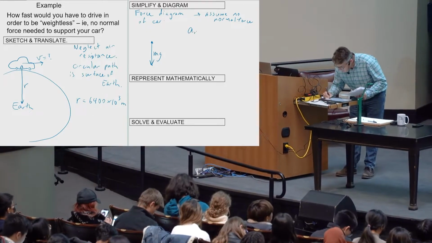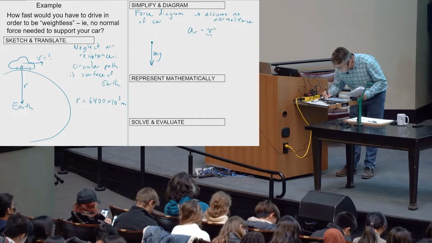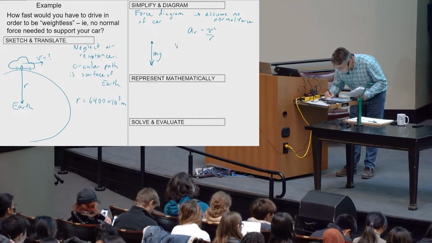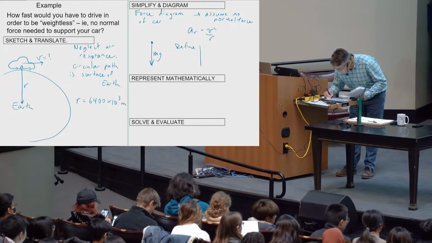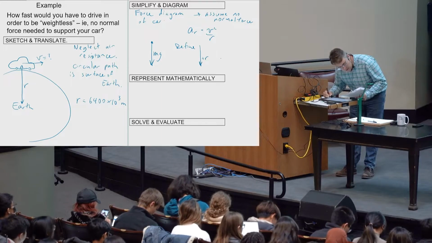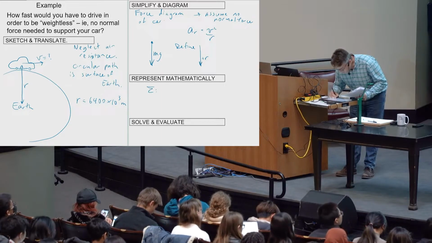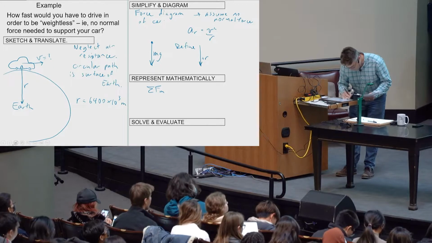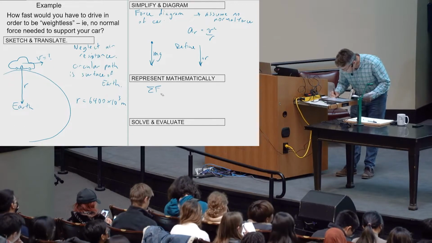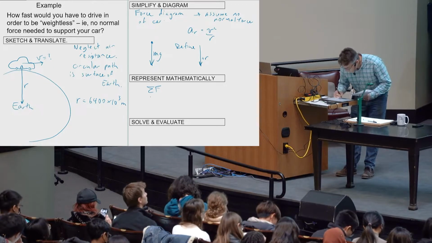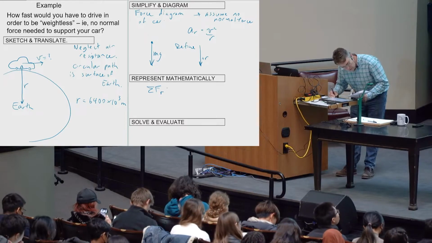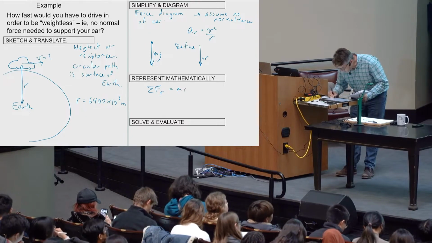So a sub r is equal to v squared over r. Define plus r to be downwards, so that the sum of all forces in the r direction is equal to m times a sub r.